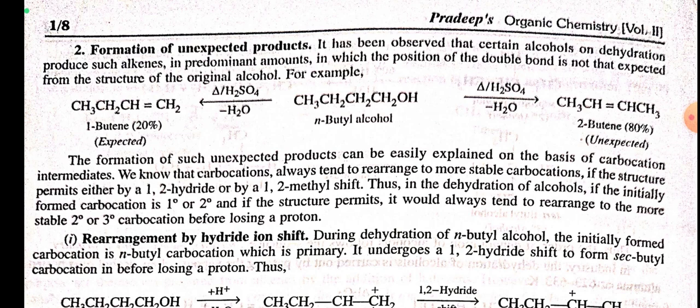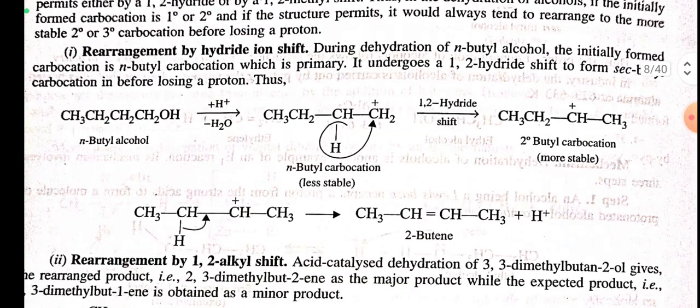We know the carbocation always tends to rearrange to more stable carbocations if structure permits, either by 1,2-hydride or by 1,2-methyl shift. Thus, in the dehydration of alcohols, if the initially formed carbocation is primary or secondary, and if the structure permits, it would always tend to rearrange to the more stable secondary or tertiary carbocation before losing a proton.